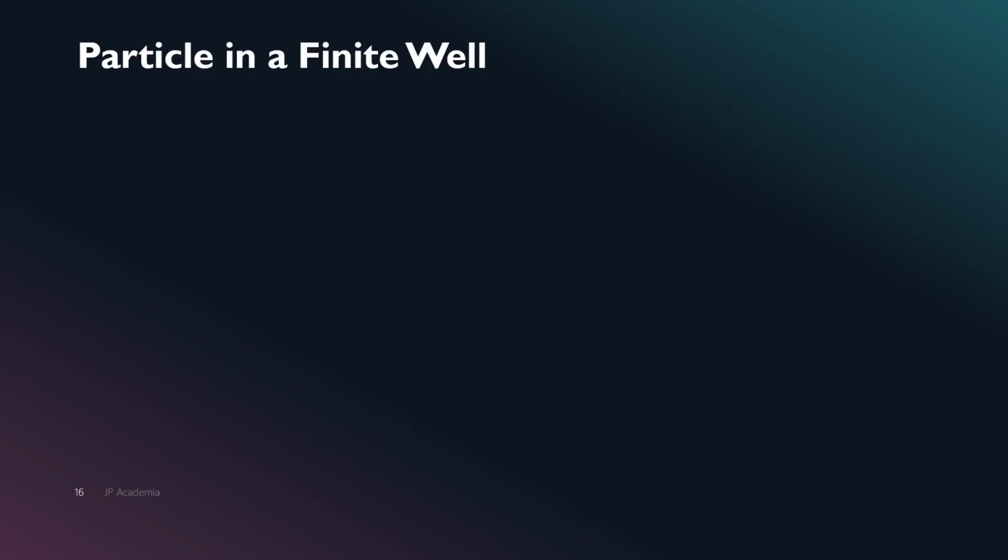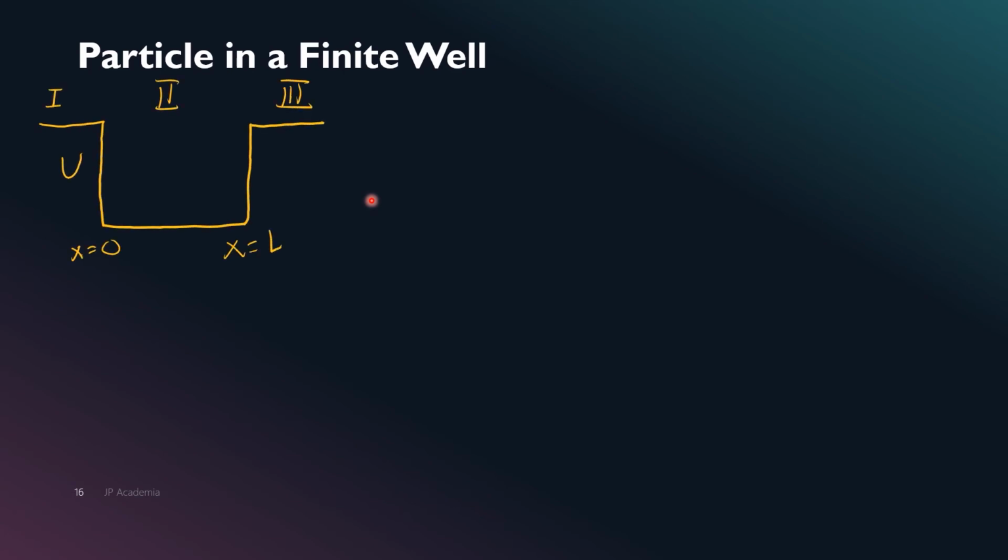Okay, now let us discuss a particle in a finite well. Let us now have a finite potential well with a finite depth U shown between 0 and L. The potential energy is 0 at the bottom of the well. We have three regions: region 1, region 2, and region 3.